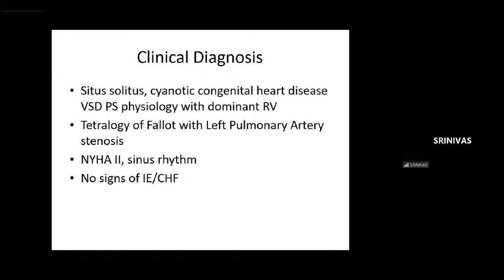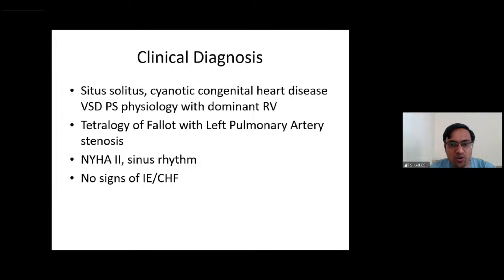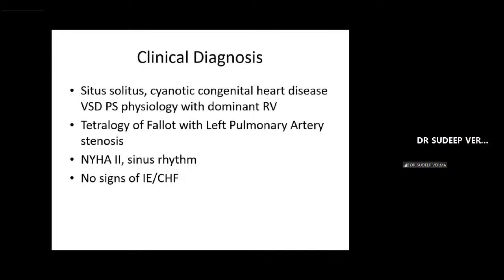Would you like to tell differential diagnosis or only single diagnosis? Sir, even DORV VSD PS can have almost similar findings, sir, both on history as well as examination. Just one comment, situs solitus you are telling, right? Levocardia also: situs solitus, levocardia, cyanotic congenital heart disease, VSD PS physiology.